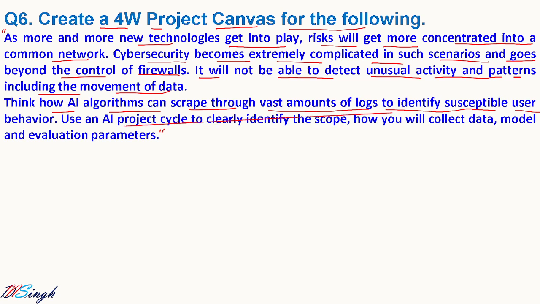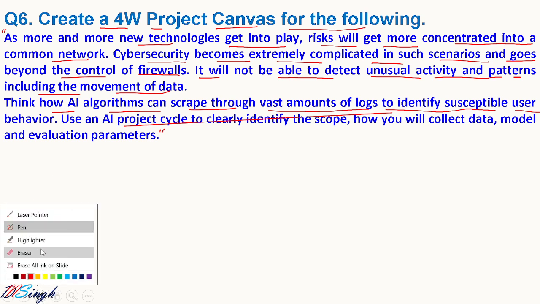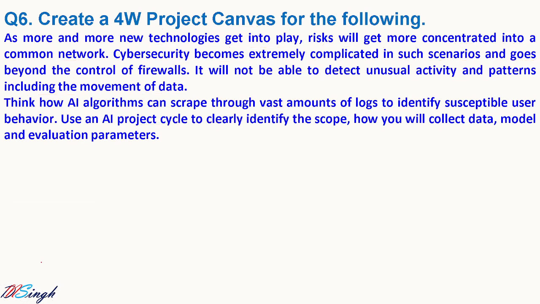We want it to go through the logs created by user search patterns, and then try to identify susceptible, meaning suspicious, user behavior. Use an AI project cycle to clearly identify the scope and how you will collect data, the model and evaluation parameters. So this is our question in itself.